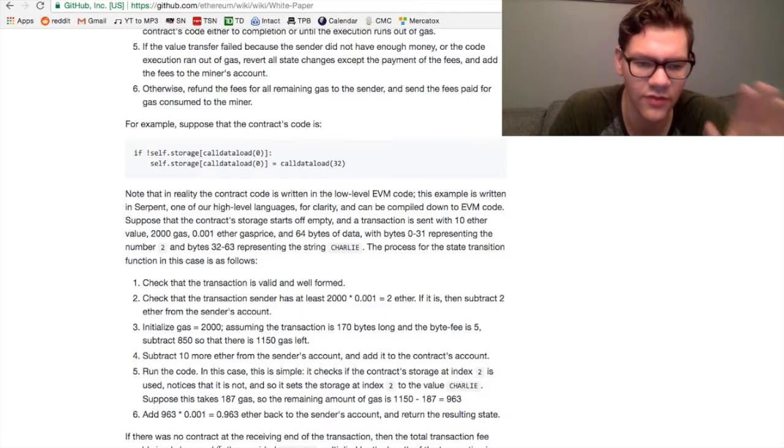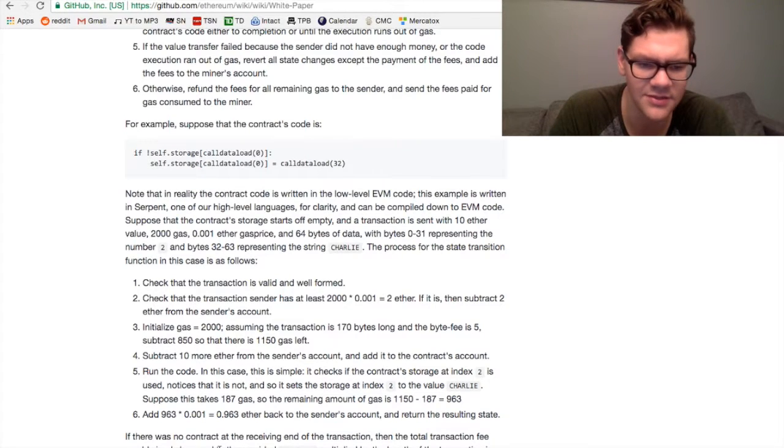5. Run the code. In this case, this is simple. It checks if the contract storage at index 2 is used, notices that it is not, and so it sets the storage at index 2 to the value CHARLIE.